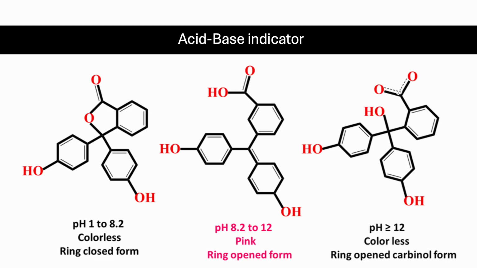An acid-base indicator is basically a complex organic molecule, such as this one, the phenolphthalein indicator.